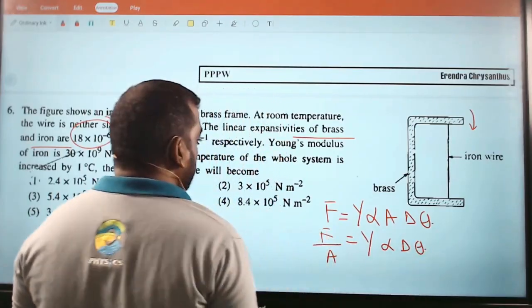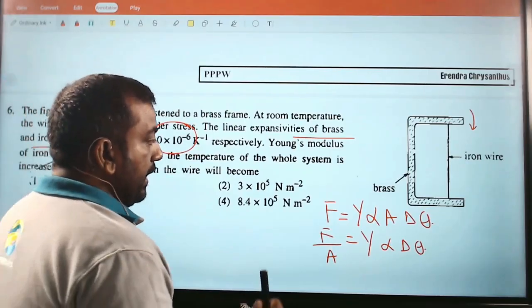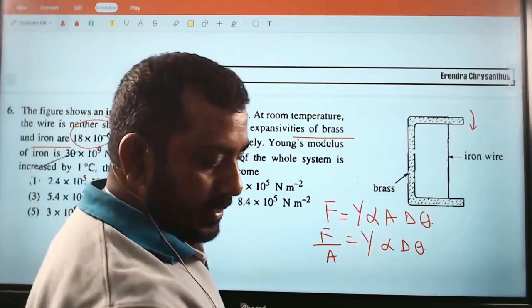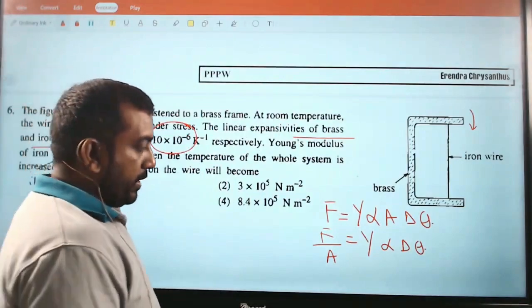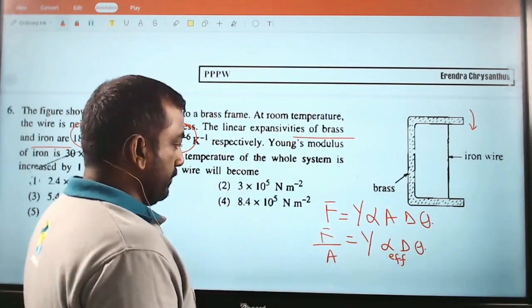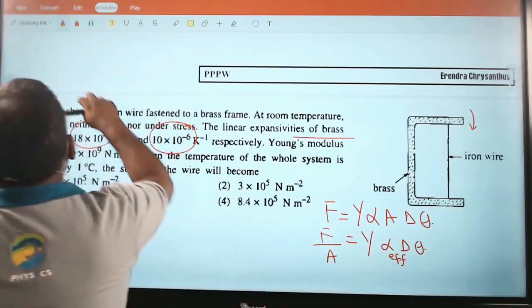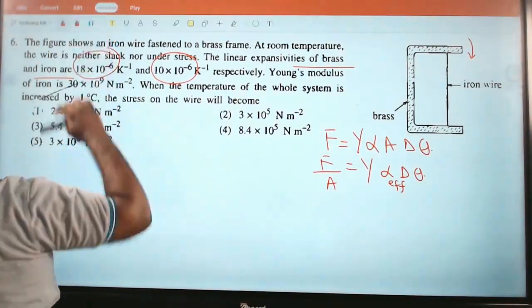Think carefully now. Brass is expanding, iron is also expanding. So you can say there is an effective alpha, which you can represent here easily.